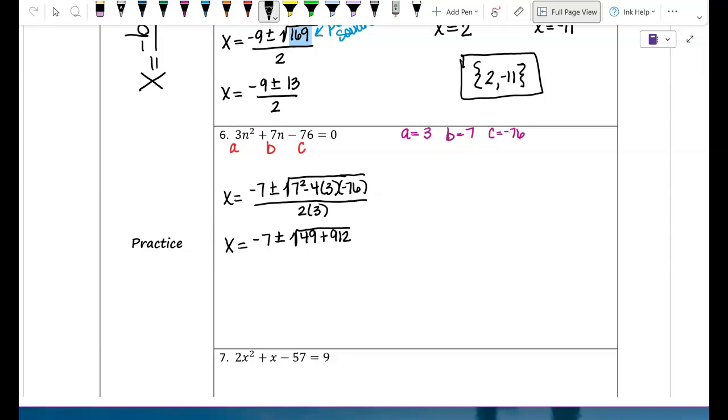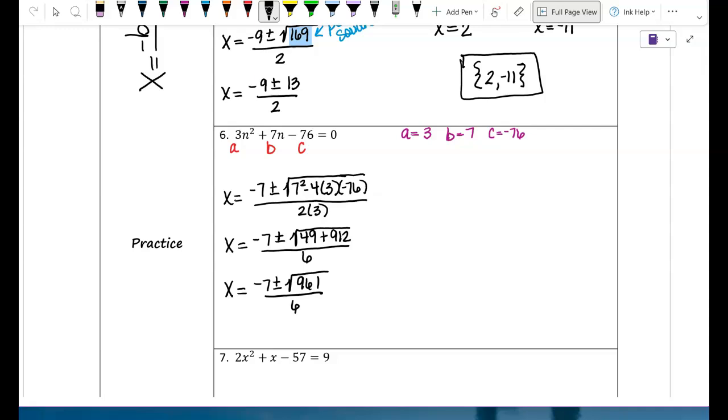You should get 912. And then that's going to get divided by 6, because 2 times 3 equals 6. When you add the 49 and the 912, you get 961.